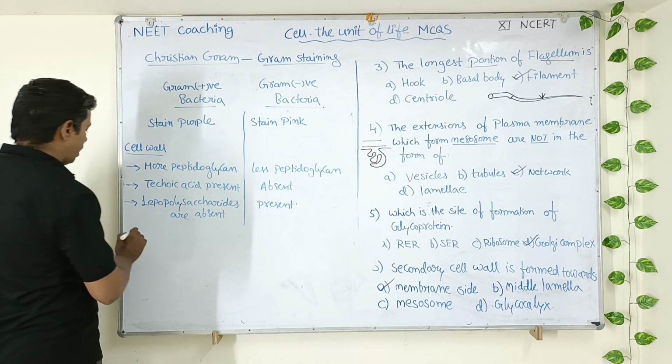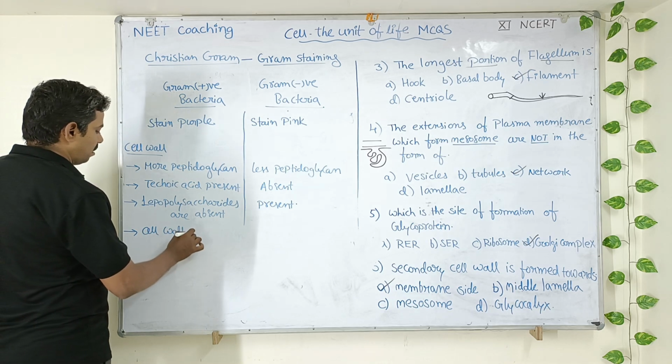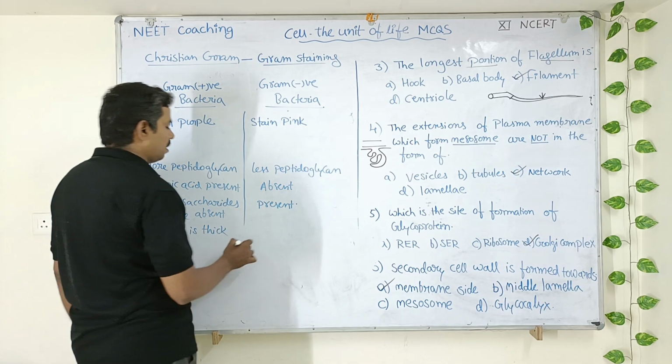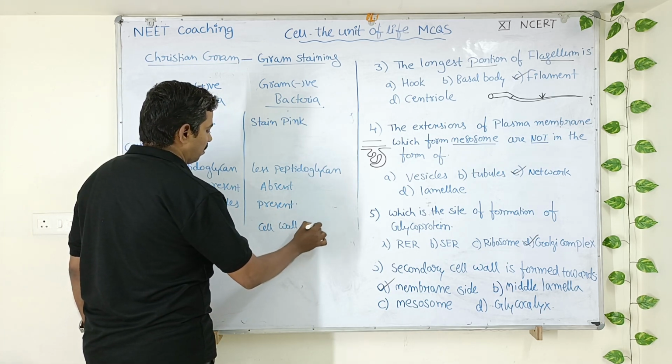Next, the cell wall is thick in gram-positive bacteria, whereas in gram-negative bacteria the cell wall is thin.